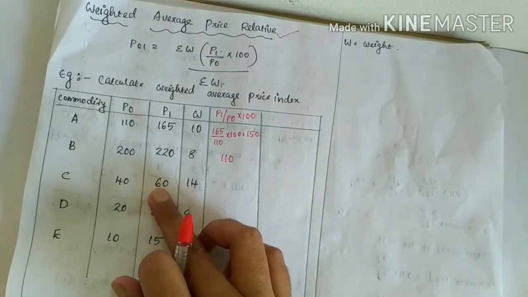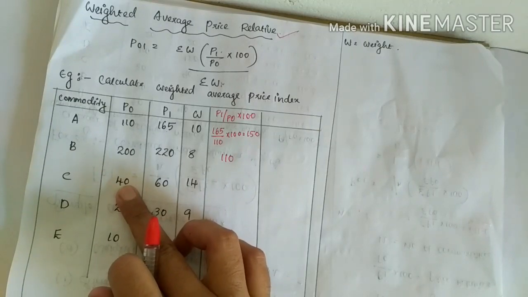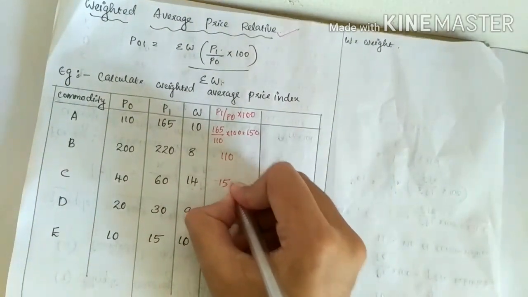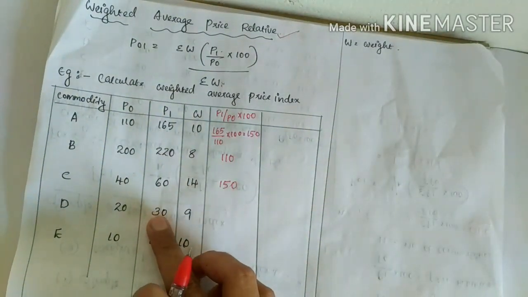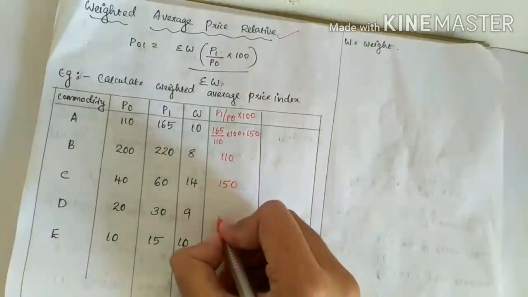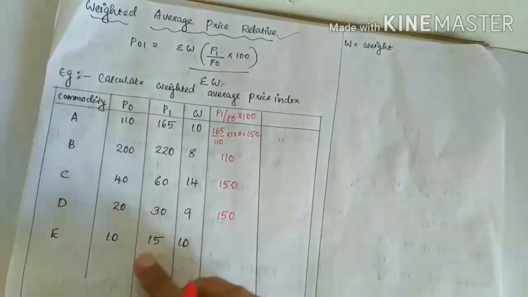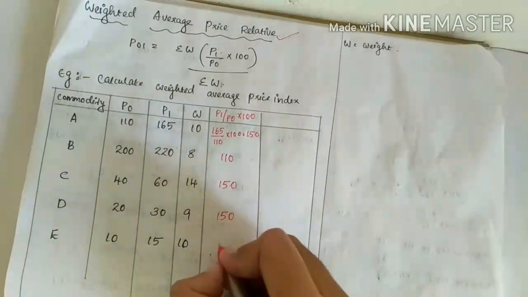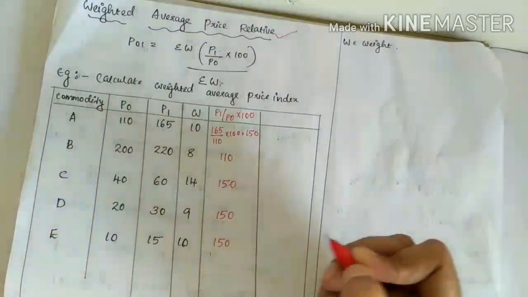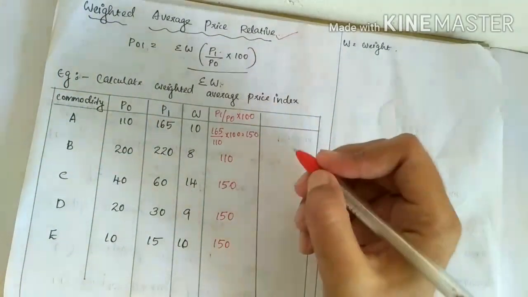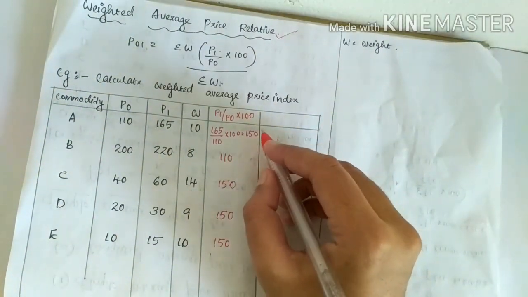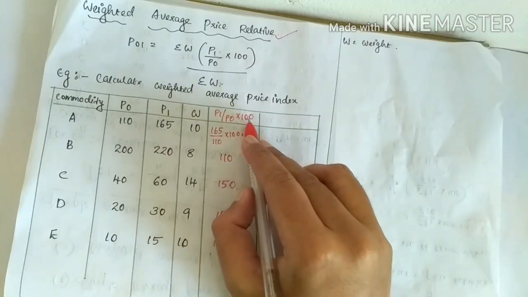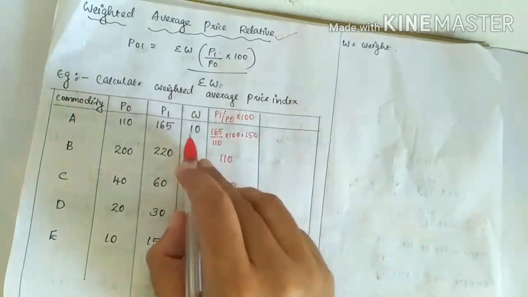The next one, 60 divided by 40 into 100. The answer is 150. Next one, 30 divided by 20 into 100. The answer is 150. And next one, 15 divided by 10 into 100. The answer is 150.